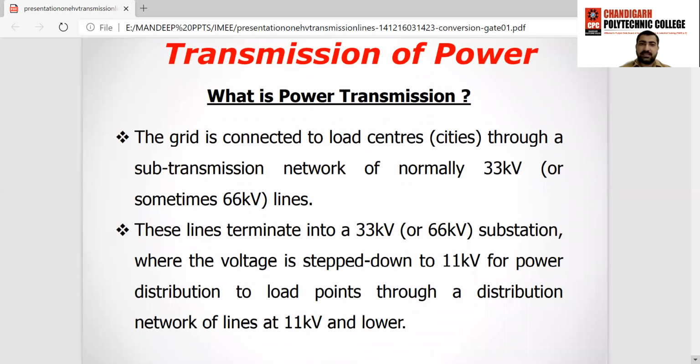The grid is connected to load centers through a sub-transmission network of normally 33 kV lines. These lines terminate into 33 kV substations where the voltage is stepped down to 11 kV for power distribution to load points through a distribution network of lines at 11 kV and lower.